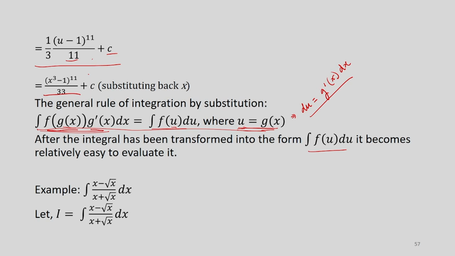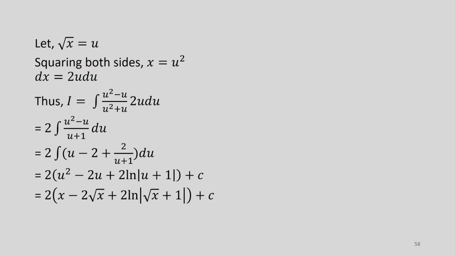So, here is another exercise. Example: integration of (x minus root over x) divided by (x plus root over x) dx. Let us assume that this is equal to capital I, and then we shall do the substitutions. We are assuming here that root over x is equal to u.